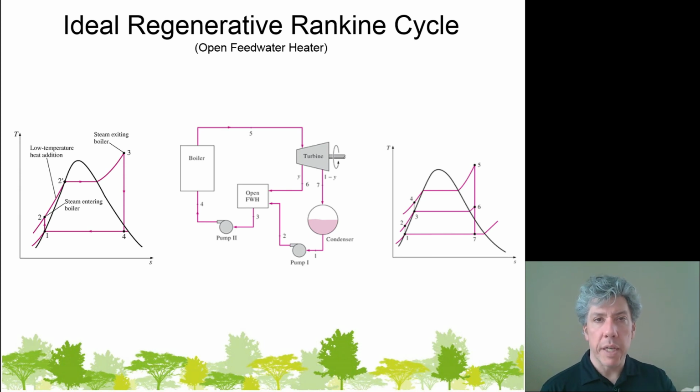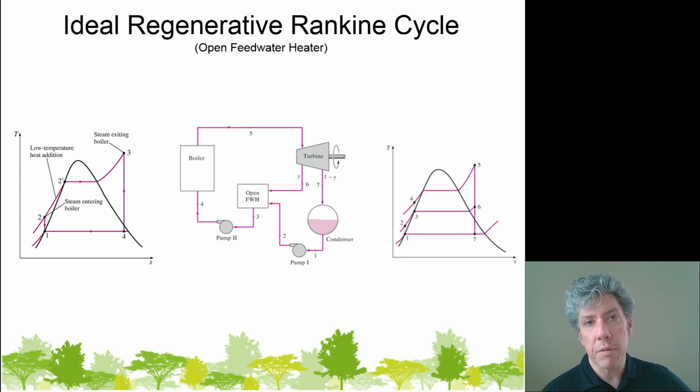Where originally did the boiler have to add heat at the lowest temperature? Well, coming out of the pump, right? Whatever's coming out of the pump is the lowest temperature. Look what we've done here with this open feed water heater and bleeding steam. We have completely eliminated the lowest temperature portion of the heat addition that the boiler had to take before. This is a really good idea.